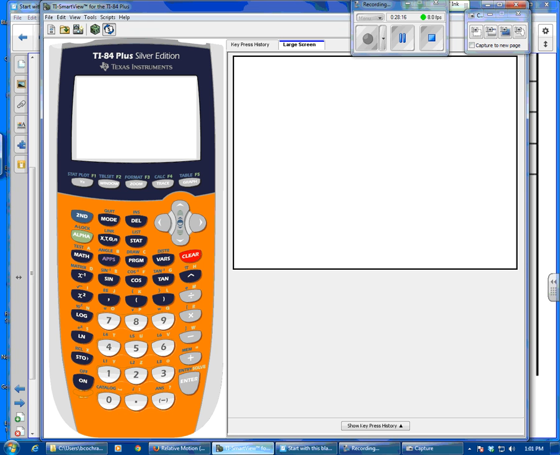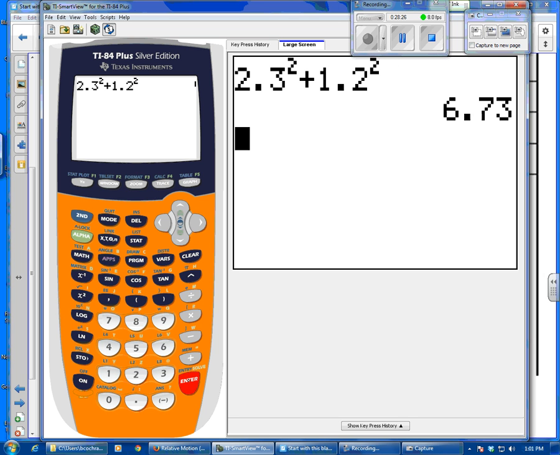So let's see. 2.3 squared plus 1.2 squared. Enter. Second square root. Second answer.